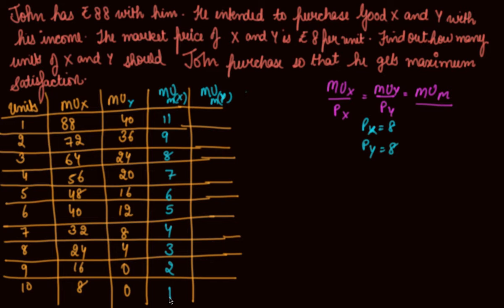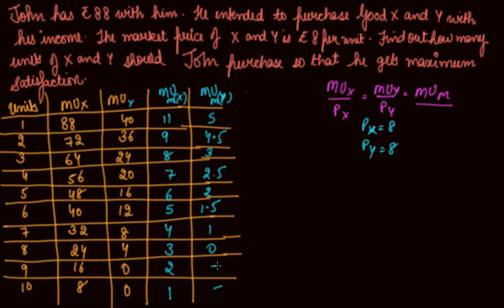And now we can calculate the MUM of Y, that is 5, 4.5, 3, 2.5, 2, 1.5, 1, 0.5, and 0 by 8 is 0.